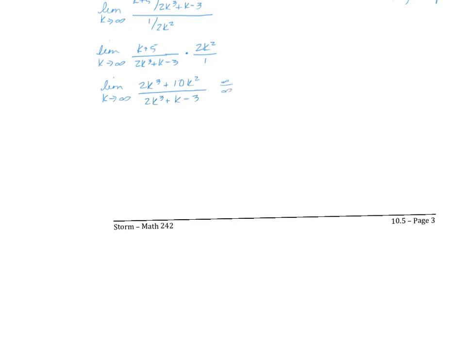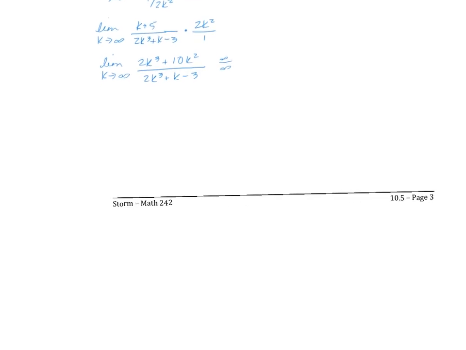But I'm just going to divide everything by the highest power k to the third to get the limit as k goes to infinity of 2 plus 10 over k over 2 plus 1 over k squared minus 3 over k to the third. And now taking the limit, all of these fractions will go to 0. So our limit as k goes to infinity of 2 over 2, that's just equal to 1.